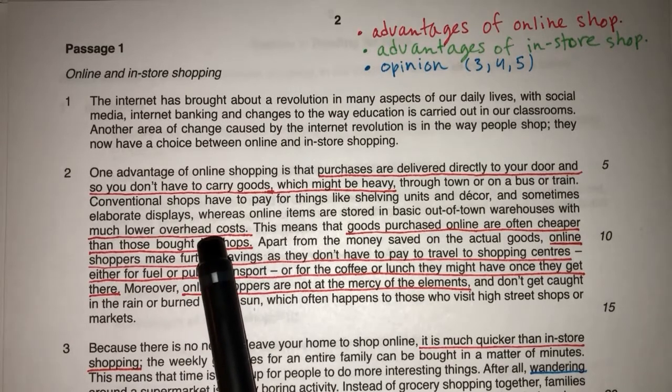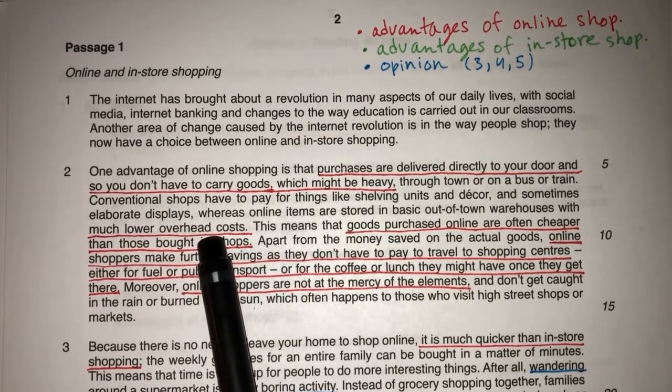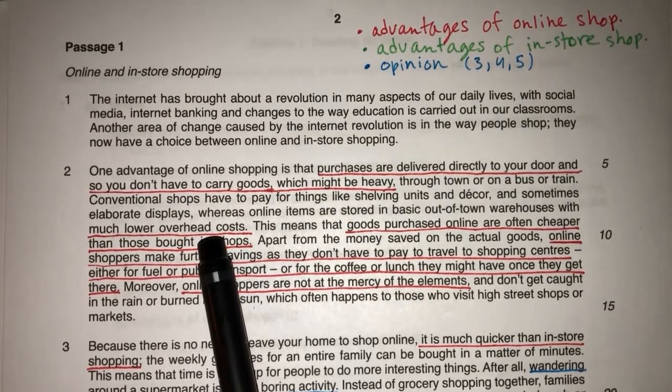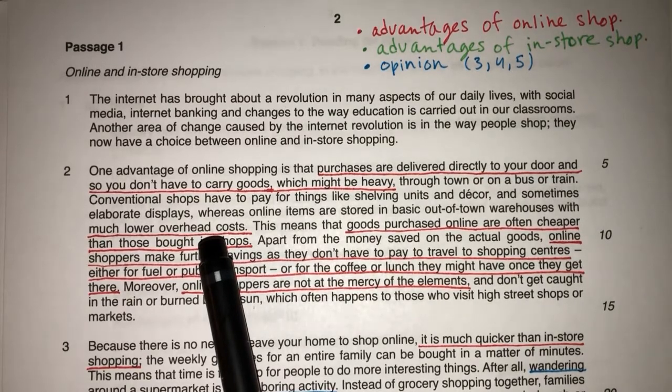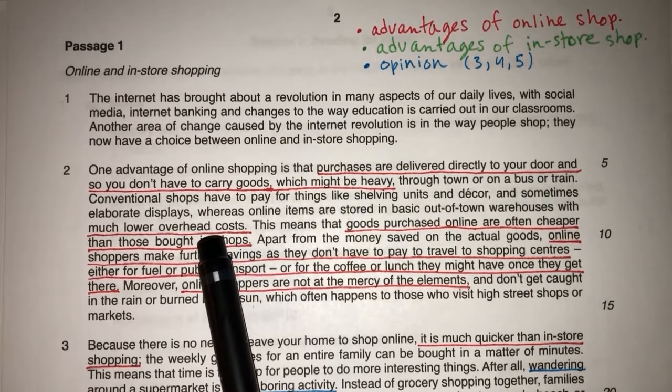Overhead cost means any cost that is not directly related to the production of a good. So if you have a dress, a direct cost would be the fabric to make the dress, the sewing machine. So anything that's directly related to the production of the good.